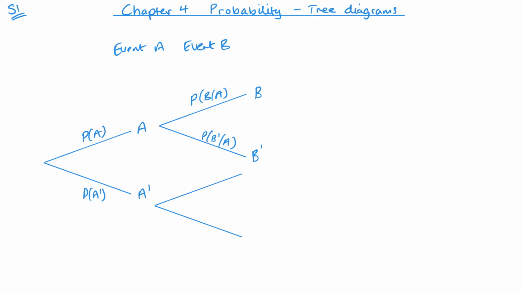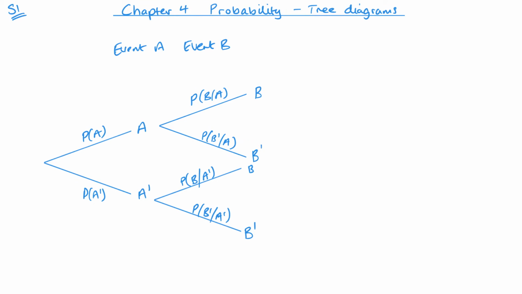So coming off my not A, I've still got B and not B for the complements, but this is now going to be the probability of B given that not A has happened, and the probability of not B given that not A has happened, because you're following on from a previous event.